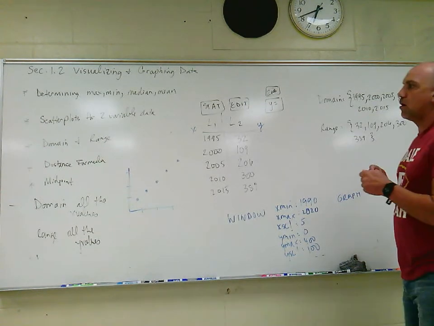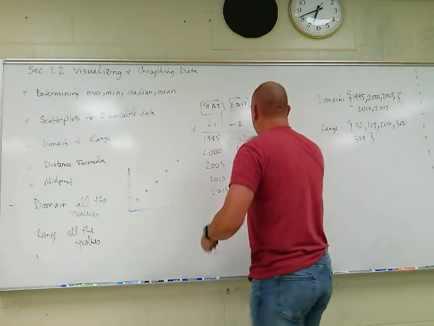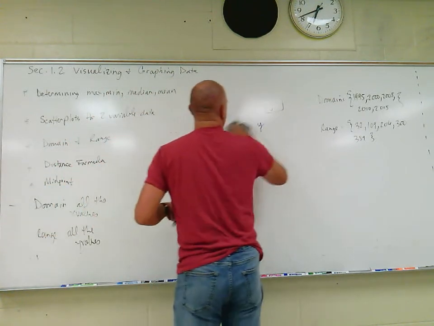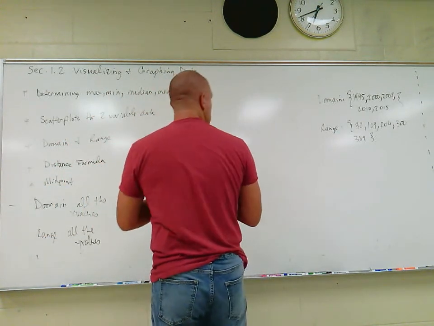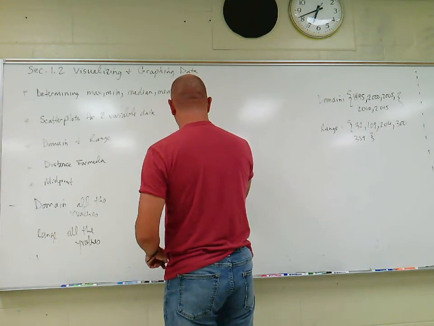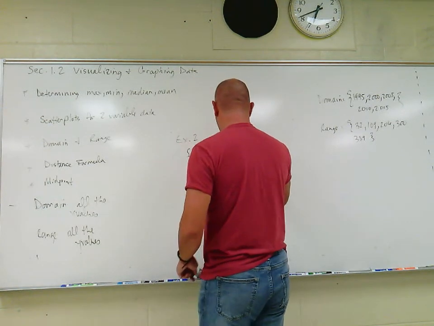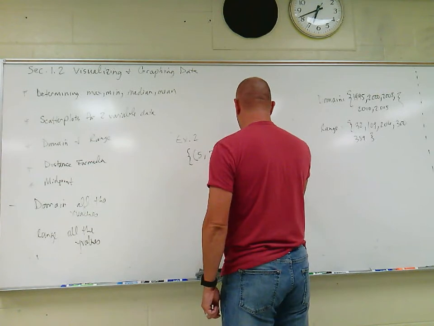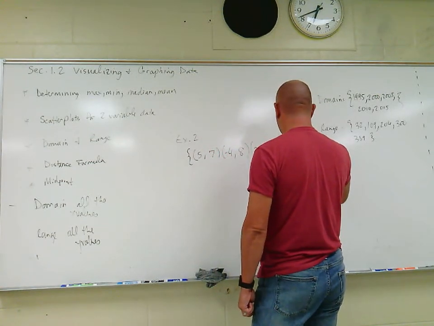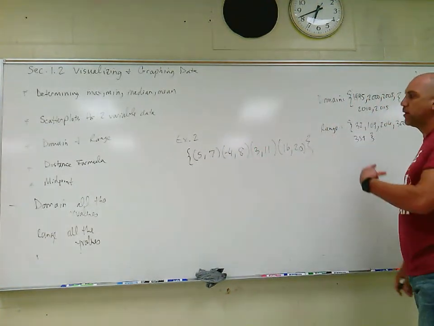Okay. All right, I'm going to do domain and range one other way. So let's look at this example. Another example here. Let's say I just give you this. I've given you just the points.